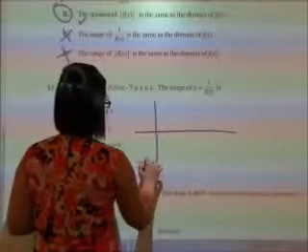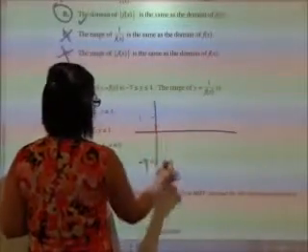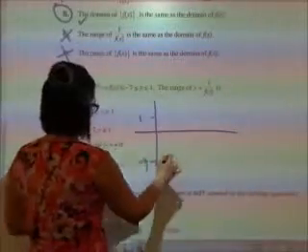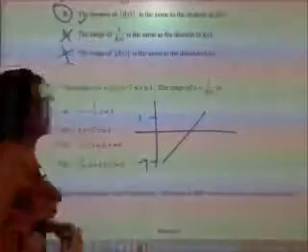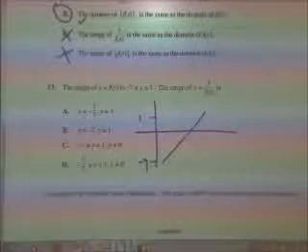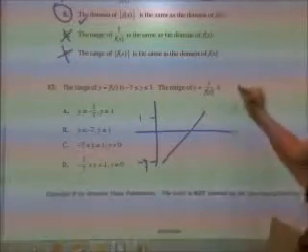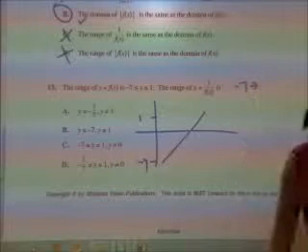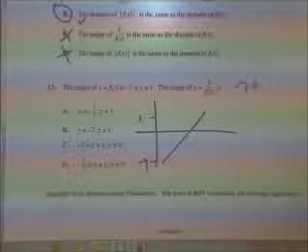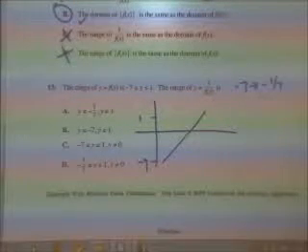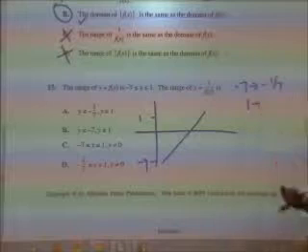So it went from -7 to +1. So something like that. In the reciprocal function, I'm going to take the reciprocal of each of these. So the reciprocal of -7 becomes -1/7. And the reciprocal of 1 becomes 1.